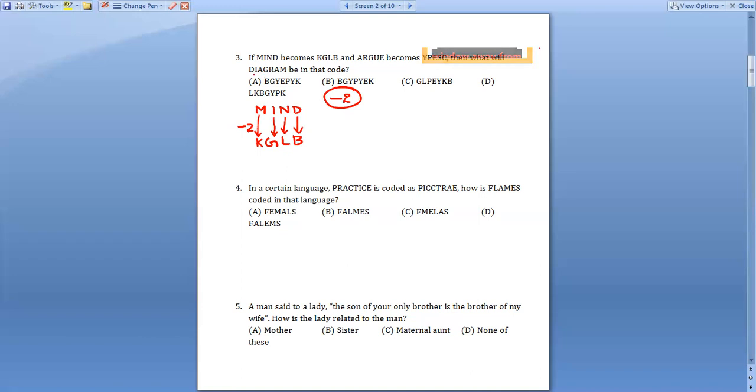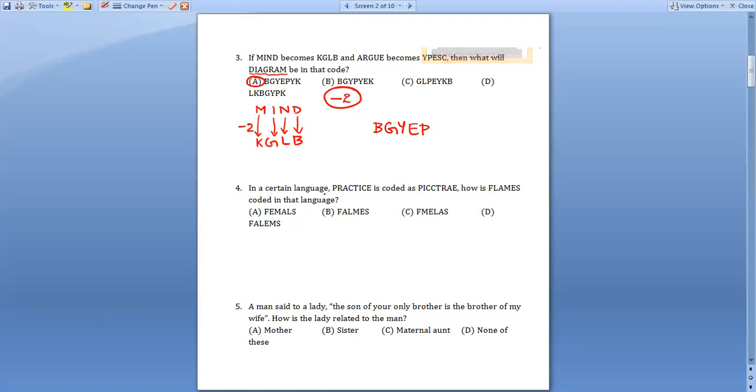So in the similar way, let us try to code diagram. So D minus 2 gives B, I minus 2 gives G, A minus 2 gives Y, G minus 2 gives E, R minus 2 gives P. That's enough. So clearly it is option A. B, G, Y, E, P, Y, K. Got it?